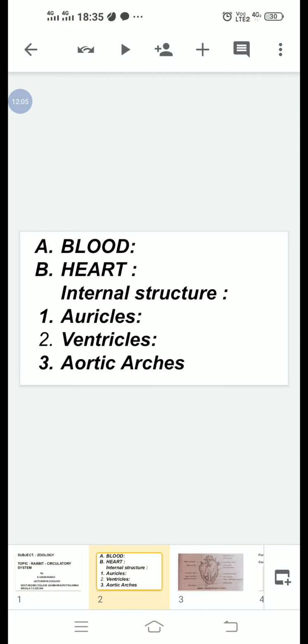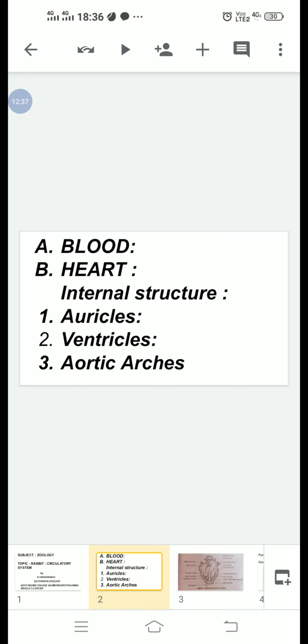The right auricle opens into the right ventricle through the right auriculoventricular aperture. It is guarded by the tricuspid valve. The left auricle opens into the left ventricle through the left auriculoventricular aperture.